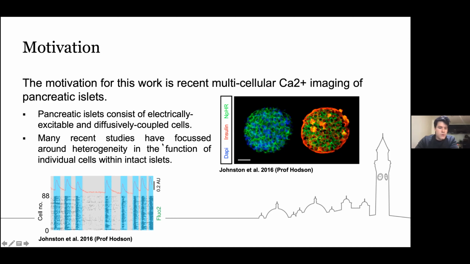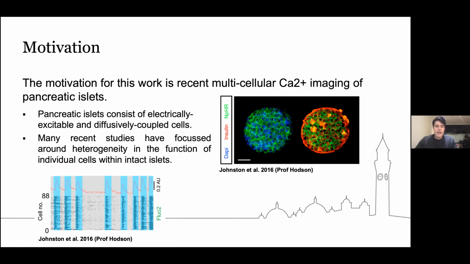And then also what you can see in the bottom left is, for example, the calcium activity of an islet, which is a good readout for the insulin secretion of an islet. At the top, you have the average over the whole islet. And then below that, we have 88 or so recorded cells. And you can see this high level of synchronization of the calcium dynamics.